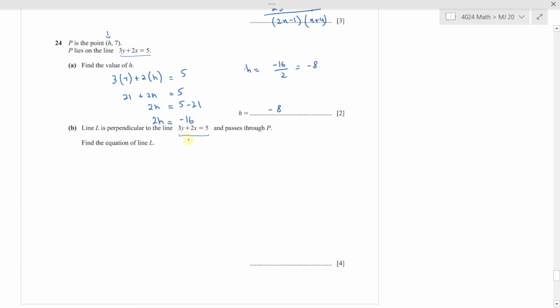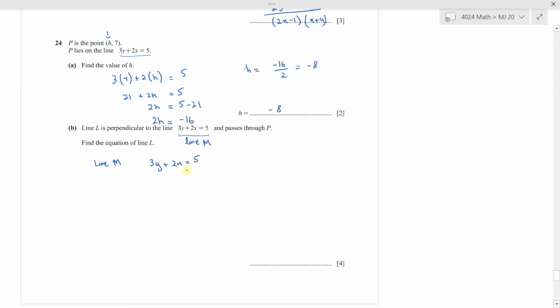So let me call this line, let's call it M. So your given line M is this one, 3y plus 2x equals 5. Since L is perpendicular, if I can find the gradient of this line, we know that when two lines are perpendicular, the product of their gradients is minus 1.